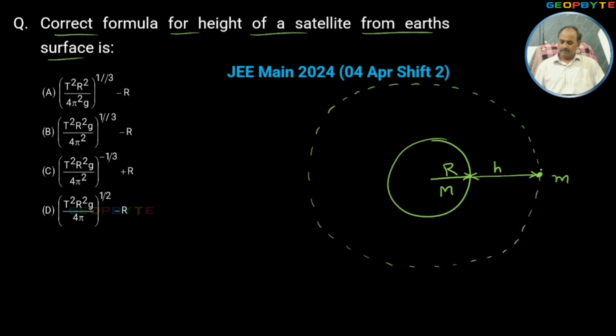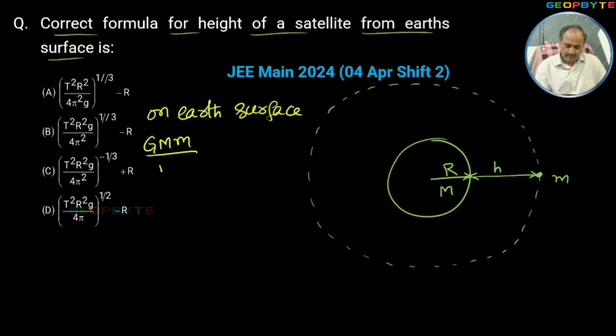Okay, then on the earth surface, you know, GM by r square equals mv square by r. But the satellite is available at an elevated height, right?